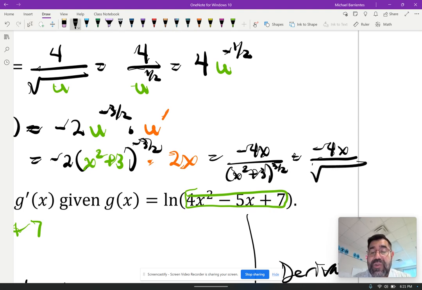So this is really the square root of x squared plus 3, and x squared plus 3 has a power of 3. So a fractional exponent means I'm taking the square root because there's a 2 on the bottom, and I'm taking everything else to the third power. And that's what we have, and that is the derivative.